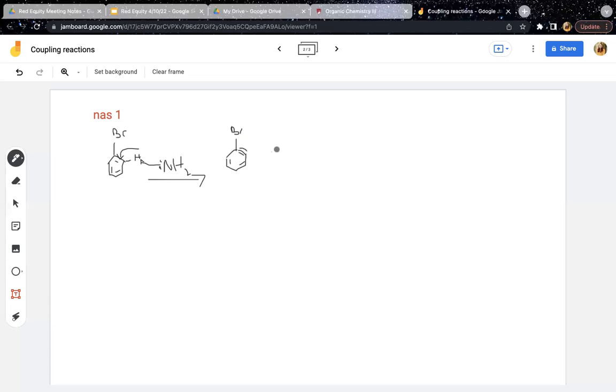And then you react it again because that NH2 now has 2 sets of lone pairs. So it's going to react again, and it breaks the double bonds. Breaking that double bond attaches NH2 on there.